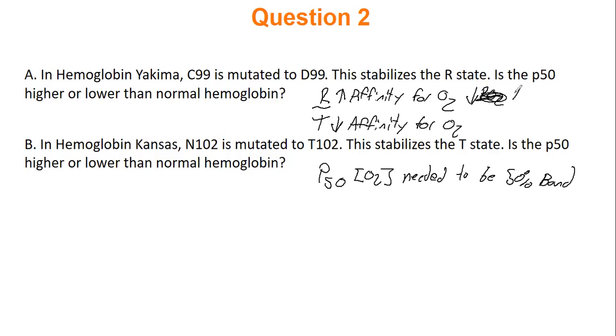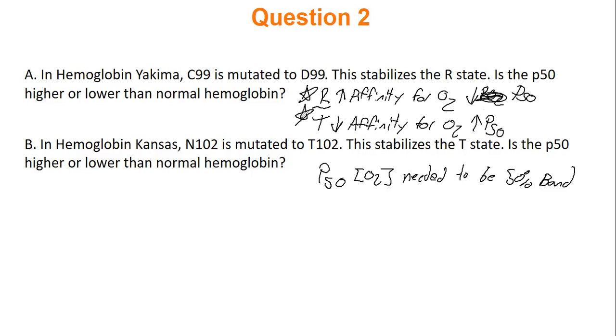Because it's easier to bind oxygen, so I'm going to be bound with 50% oxygen at lower amounts because I want to bind oxygen more in the R state. While in the T state, I don't want to bind oxygen. So P50 increases. It takes more oxygen in the environment for me to be 50% bound, right?